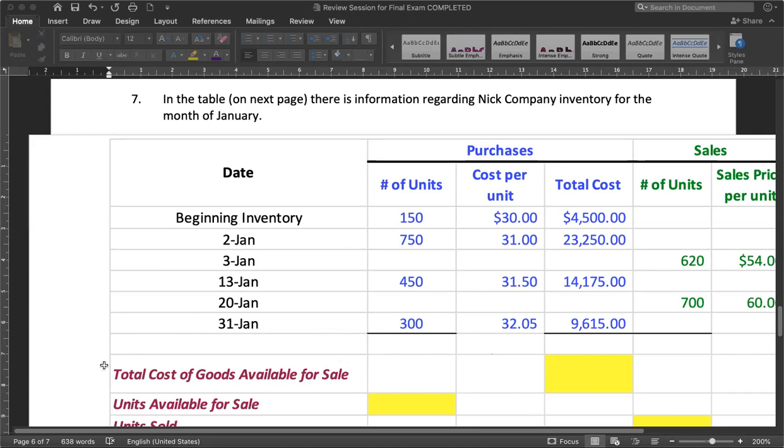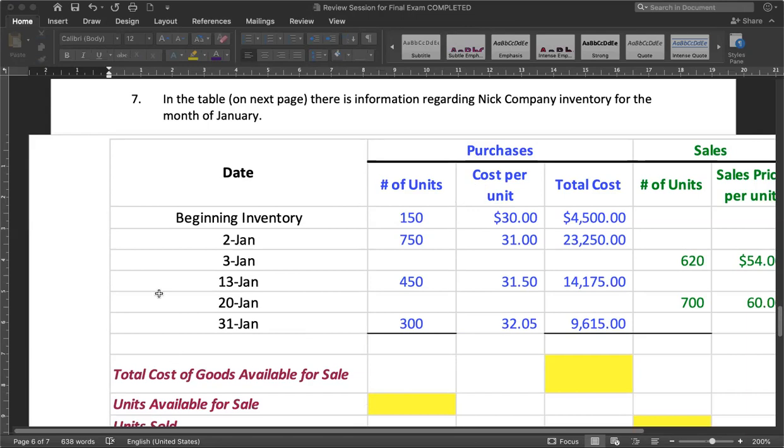Okay, now I'm going to go over two methods: LIFO perpetual, weighted average periodic. Okay, so remember with LIFO perpetual, every time there is a sale, we are going to calculate the cost of goods sold. And with LIFO, the cost of goods sold is going to come from the most recent purchases prior to the sale.